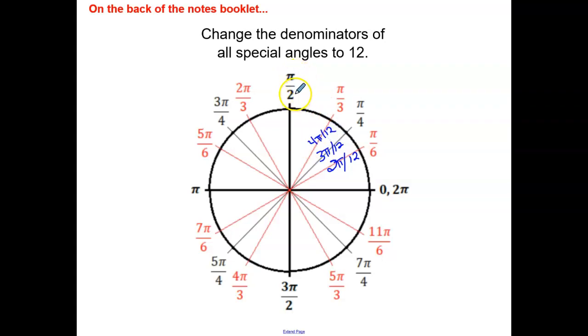Then pi over 2, I'd multiply the top and bottom of that fraction by 6 over 6 to get 6 pi over 12. And then 2 pi over 3, I would multiply the top and bottom by 4 to get 8 pi over 12.